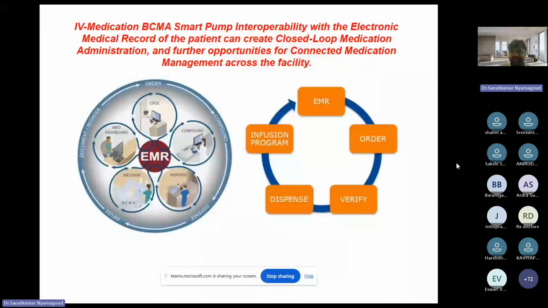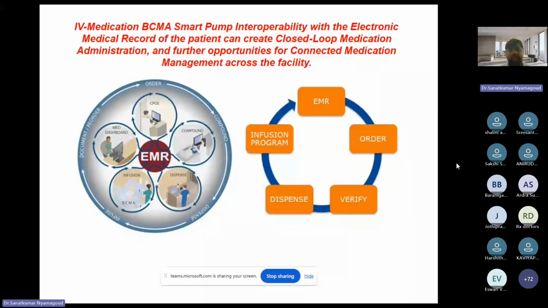This is one flowchart which EMR does. Once the medication dashboard entry is done, they order entry, it goes to compounding, from compounding to dispensing, to the infusion in ICU, from infusion to documenting or reordering. So this flow is available.